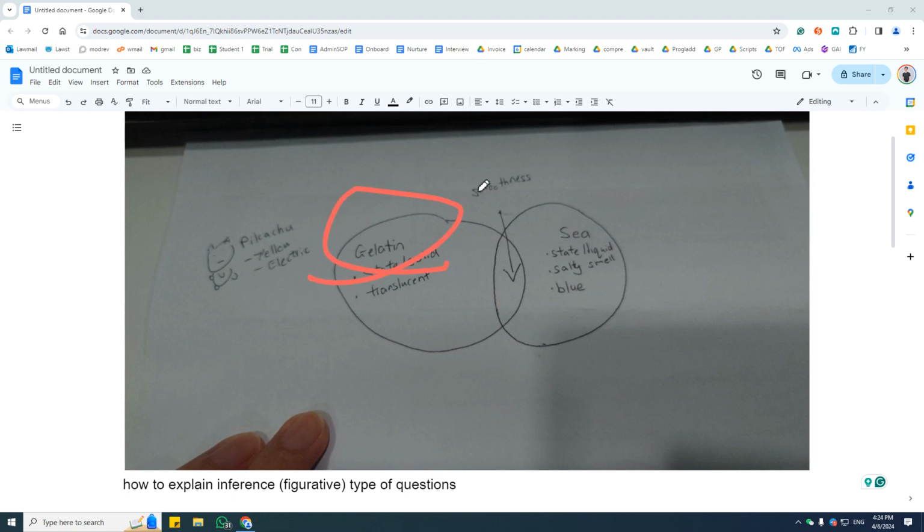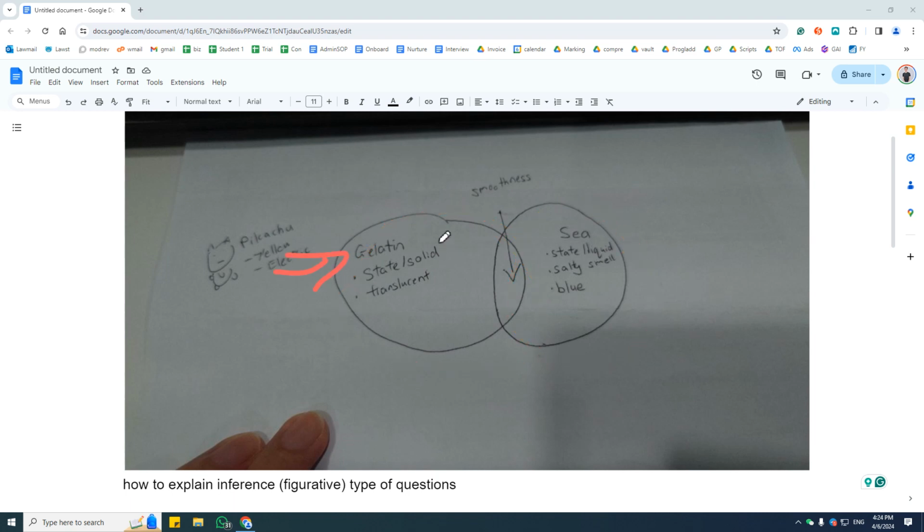So with gelatin and the sea, you just have to think, what are the characteristics of this comparison, of this metaphor or simile, and what are the common characteristics of the sea, and what could overlap? Whatever overlaps could be the answer, and this could be hinted at by your contextual clues. But I want you to think about what certain characteristics are, and the overlapping area could be the answer.